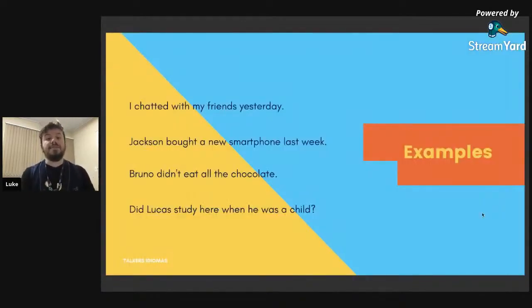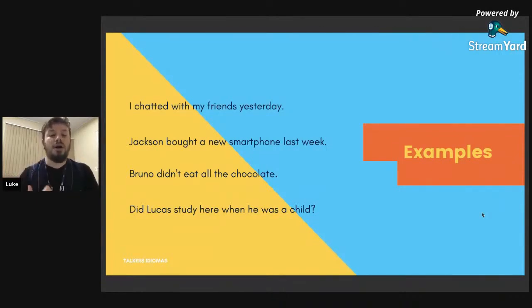So we have some examples here. The first one: I chatted with my friends yesterday. You guys in your homes, I would like you to repeat after me. It's always important to vocalize the sentences because you are going to practice.